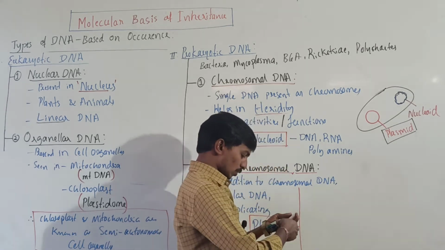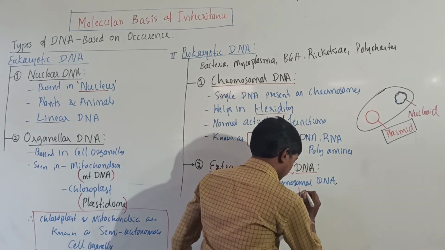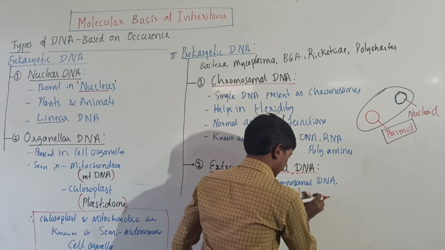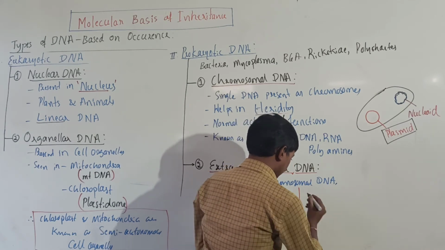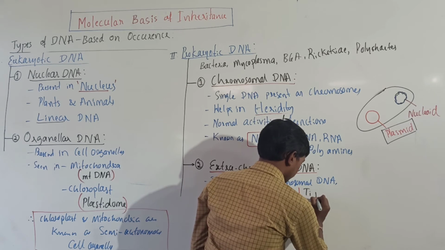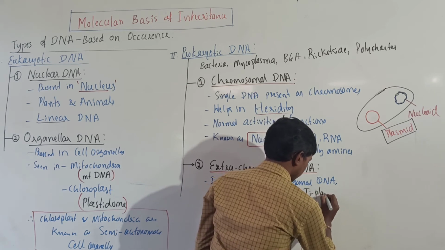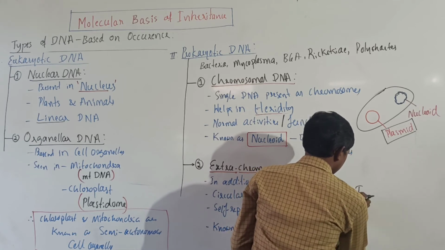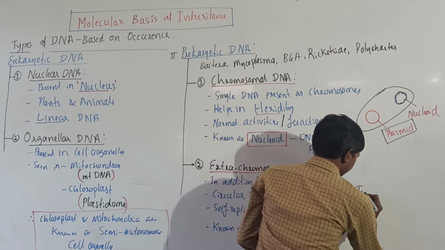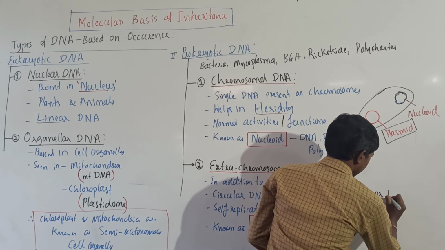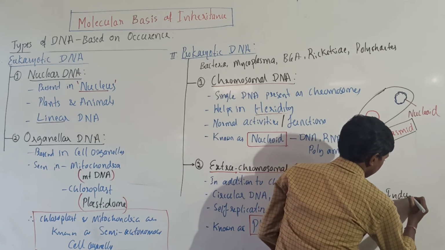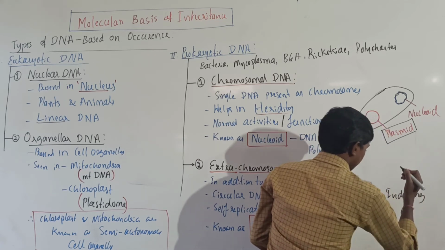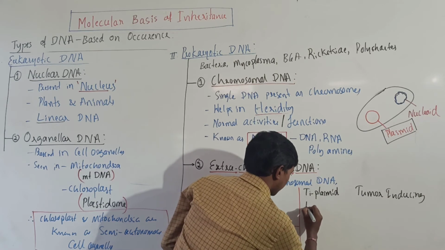The plasmid is known as Ti plasmid. That is tumor inducing. The plasmid is known as Ri plasmid.